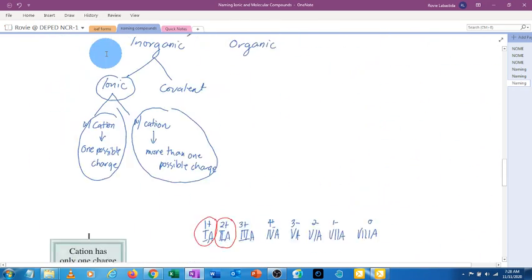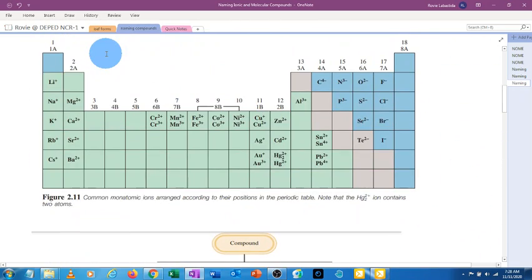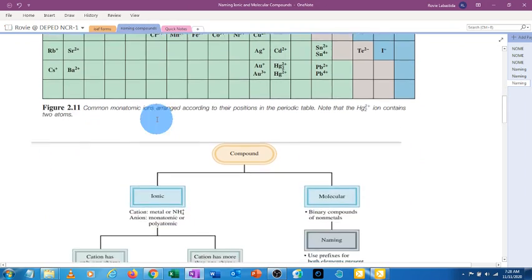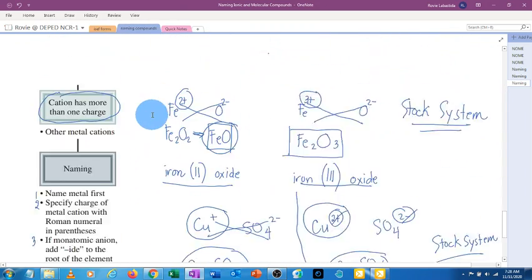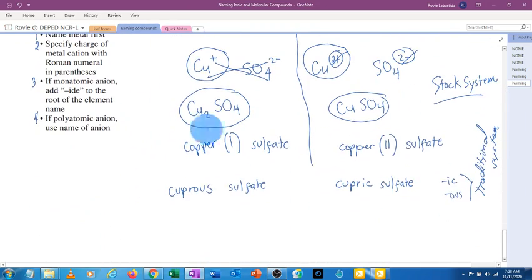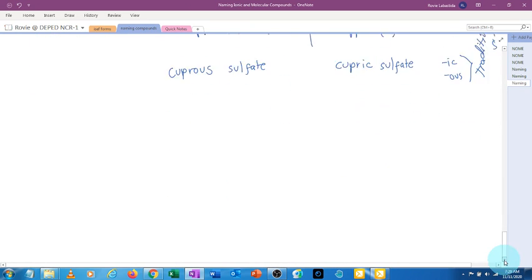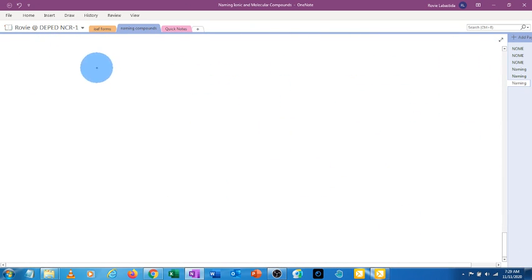Okay, let me just check the possible charges for chromium. Okay, 2 and 3. Okay, so for chromium, we have chromium 2 and chromium 3 ions. Okay, so let's have a fluoride ion. There you go.